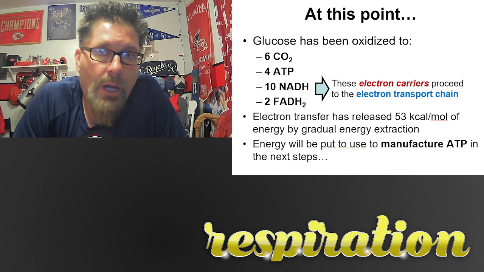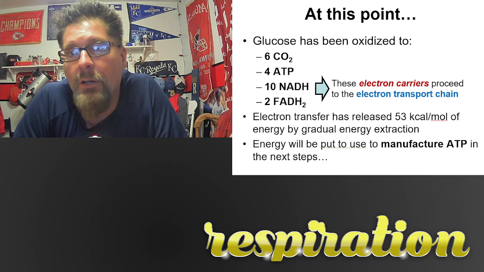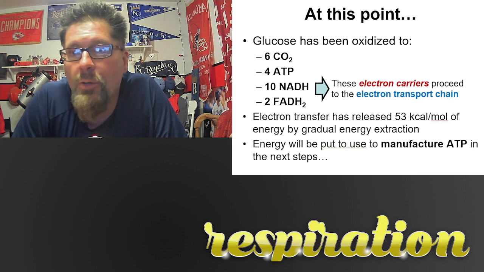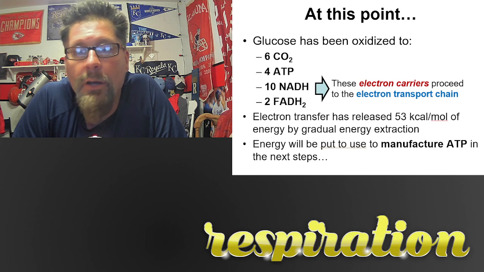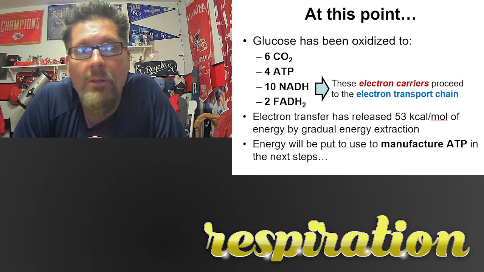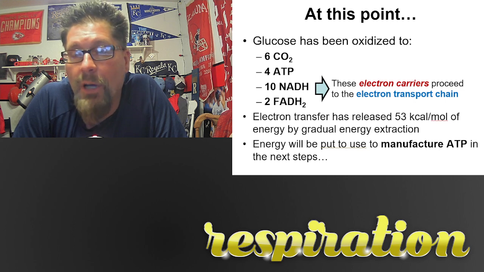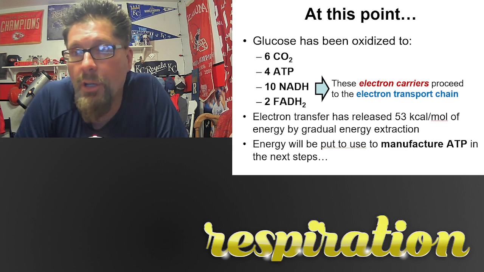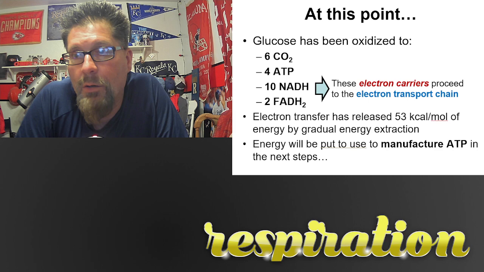There were 2 in glycolysis, 2 in the Krebs cycle. We have made 10 NADHs. There were 2 in glycolysis, 2 in pyruvate oxidation, and now 6 in the Krebs cycle for a total of 10. And we've made 2 FADH2s, both of those in the Krebs cycle.